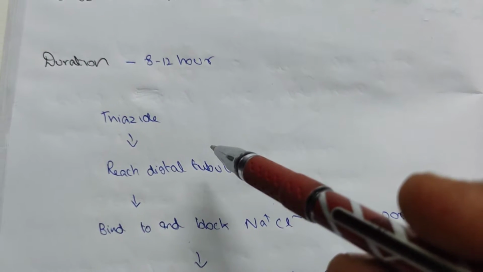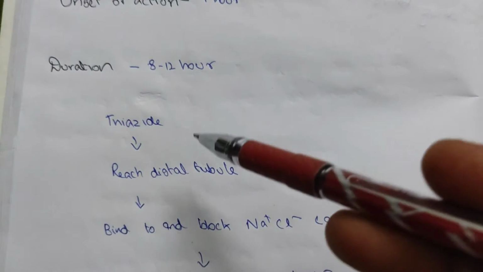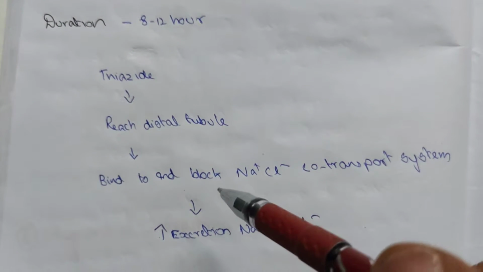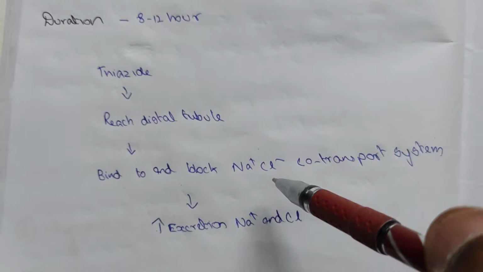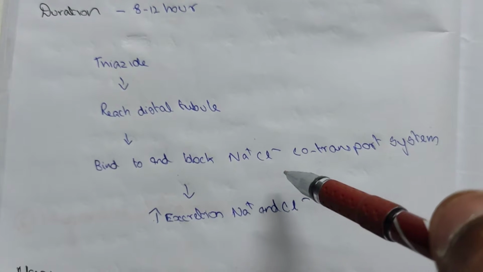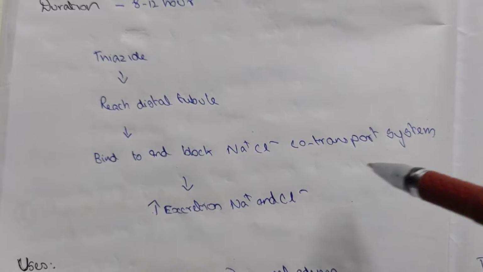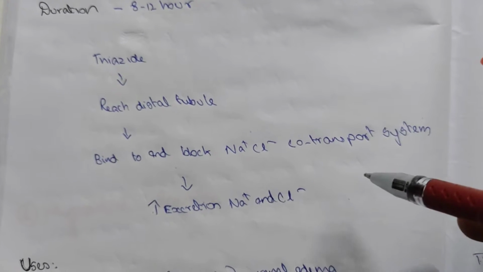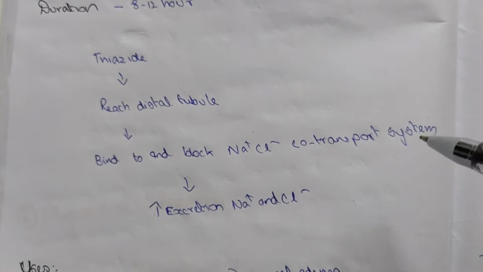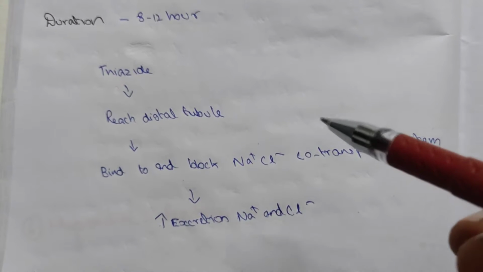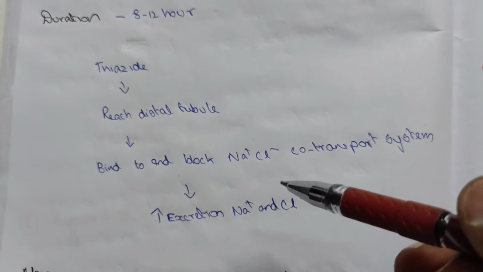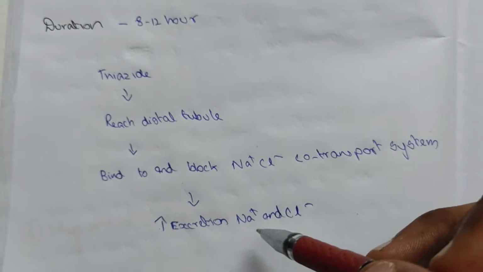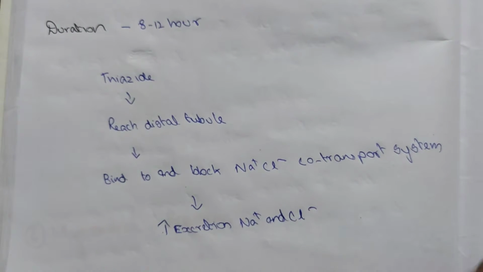When we take the thiazide diuretic, it reaches the distal convoluted tubule and binds and blocks the Na plus and Cl minus co-transport system. When the co-transport system is blocked by this thiazide diuretic, there is no entry of Na plus and Cl minus into the cell, so that there is more excretion of the Na plus and Cl minus.